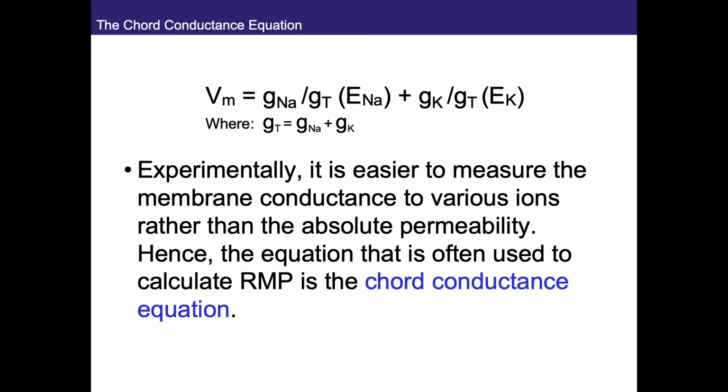Conductance is the ease at which ions move across the membrane. So most of the pathways for allowing ions to move across the membrane is stated right there. 90% of the total conductance is due to potassium leaving the cell. Only 10% is due to sodium.